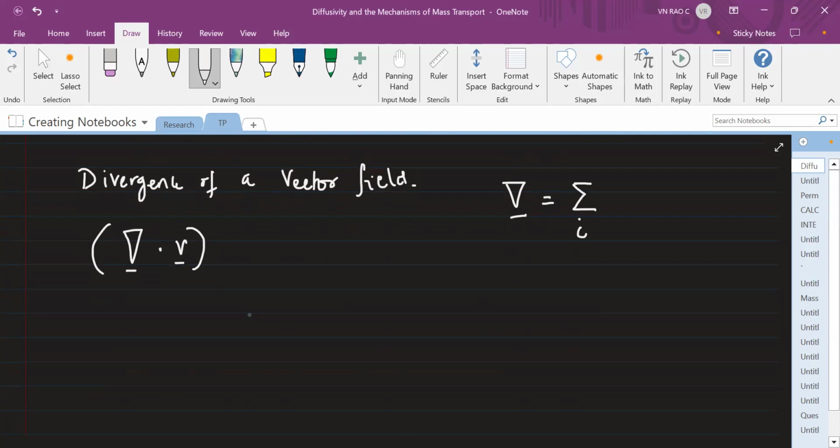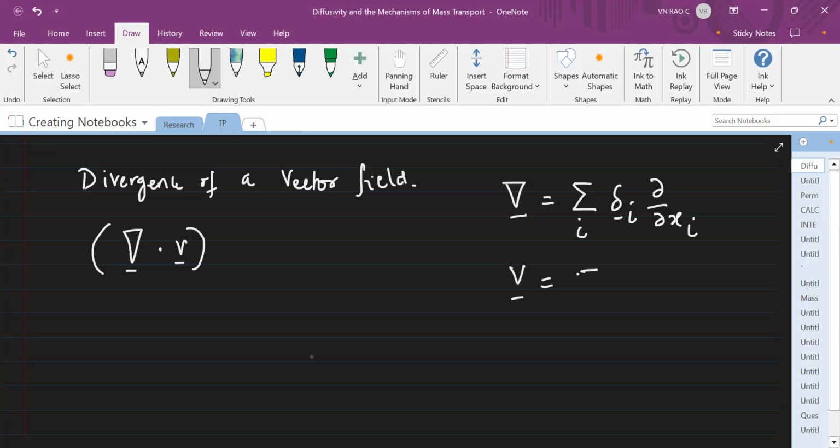Now delta i tau by tau xi. I request everyone to refer to the standard books also. There is no issue. Now any vector is generally written in terms of its components in the x direction, y direction, z direction, or 1, 2, 3 direction.